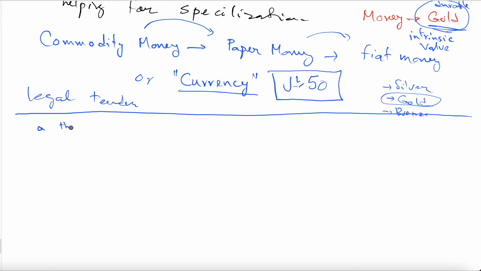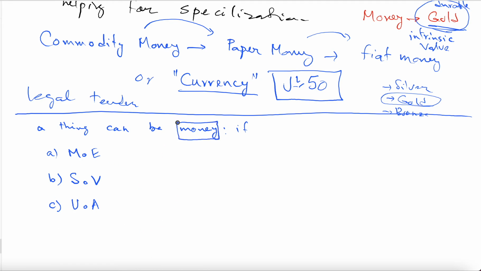A thing can be money if A, it is a medium of exchange, B, it can store value, and C, it is a unit of account. If all of them are there, then we can use the expression money.